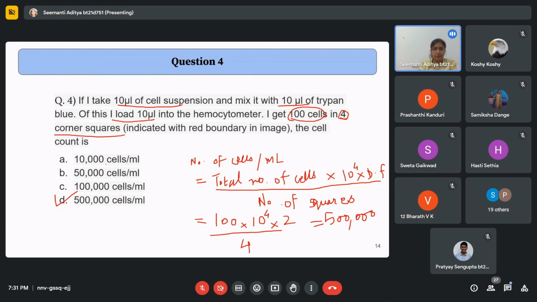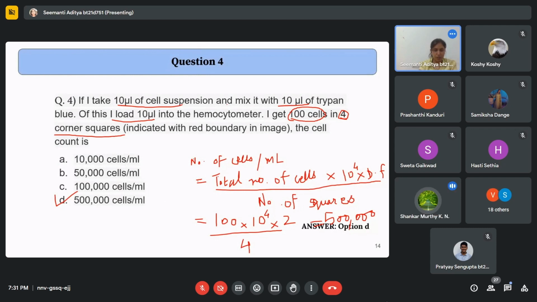So the dilution factor is 2 itself. Whatever amount of trypan blue you add to the cell suspension, depending upon that, the dilution factor changes, and not how much you are loading. So, next question we'll see.